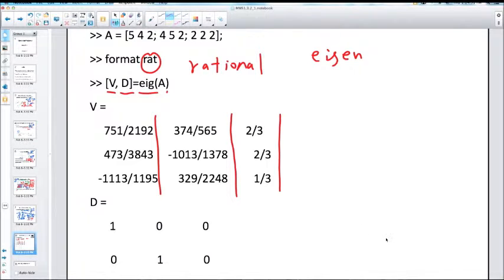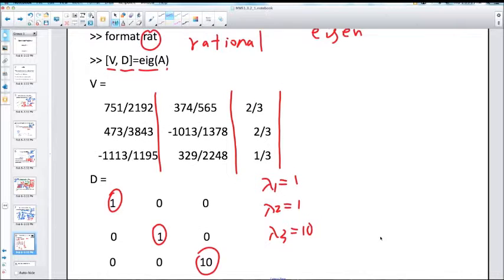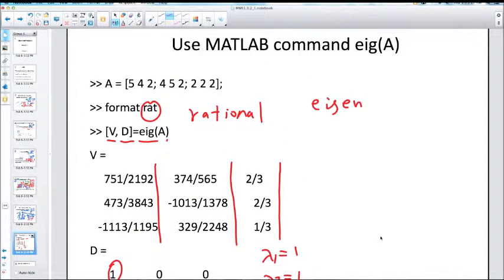And the second matrix D gives you the 3 eigenvalues, lambda 1 equal 1, lambda 2 equal 1, repeating, lambda 3 equal 10 on the major diagonal. That's how MATLAB writes down the eigenvalues.